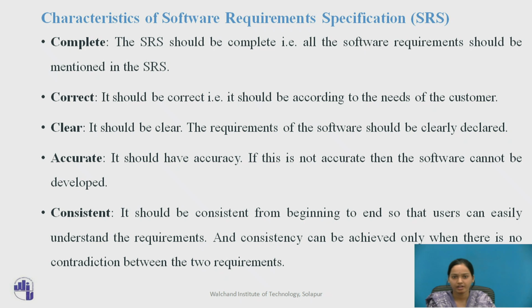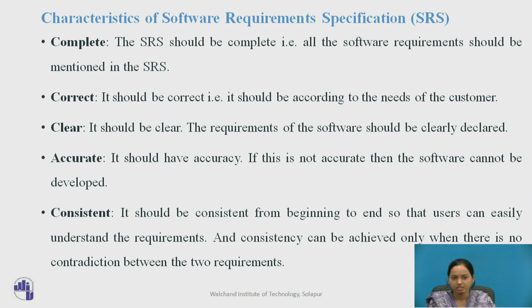SRS is the software requirement specification. First ones are complete, correct, clear, accurate and consistent. First one is complete. The SRS should be complete, that is all the software requirements should be mentioned in the software requirement specification. Correct, it should be correct, that is it should be according to the needs of the customer. Clear, the requirements of the software should be clearly declared.